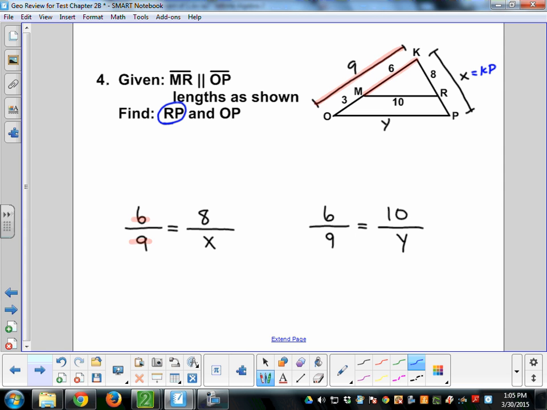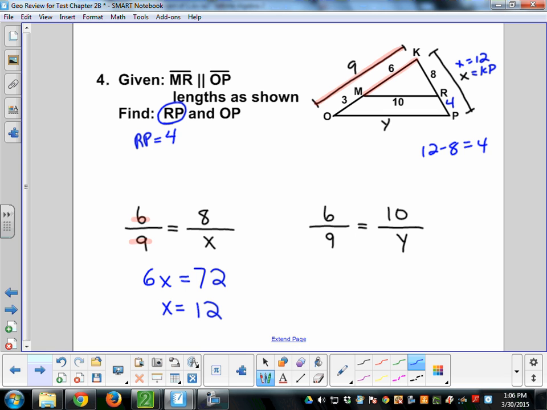So I cross multiply here, I get 6x equals 72, so x equals 12. So now that equals 12. 12 minus the 8 equals 4. I think that makes sense. So RP equals 4.